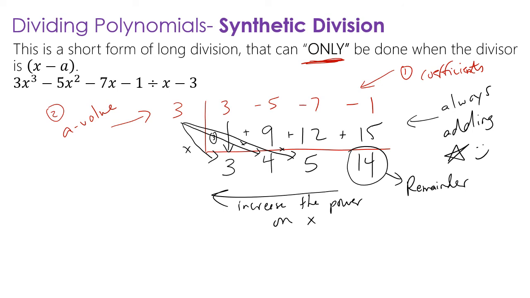So 14 is our remainder. It was plus 5, right? There's no x. Increase the power of x by 1, so it goes to 4x. Increase the power of x by 1, 3x squared.